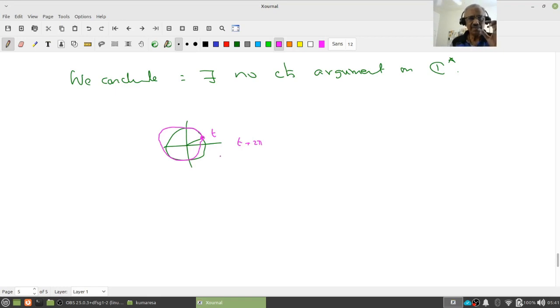So it's very clear the problem arises because I am unable to choose a continuous argument even on the circle, leave alone on C star, right? So here also in the circle I find intuitively the problem is when I try to complete the circuit, when I come back to the same point. So what do you think I will do, right?